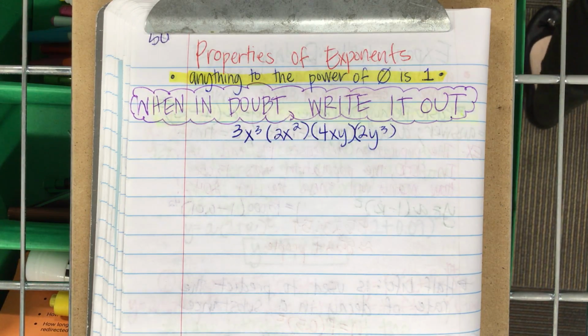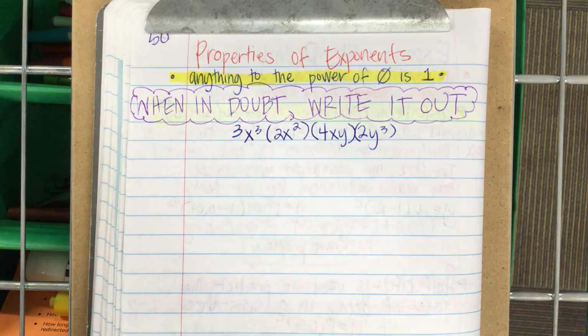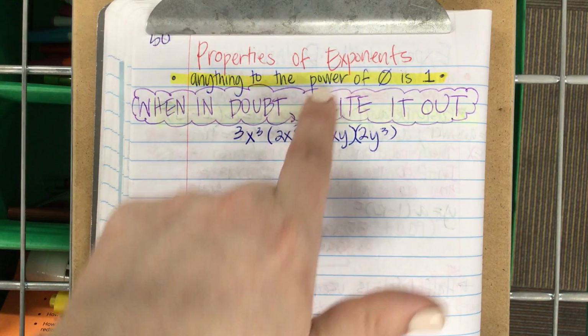It's an exponent times an exponent times an exponent times an exponent. Yes? Okay. So if we talk about this and I look at this problem and I'm like, I have no idea. This problem's so hard I can't figure it out. When in doubt, write it out.